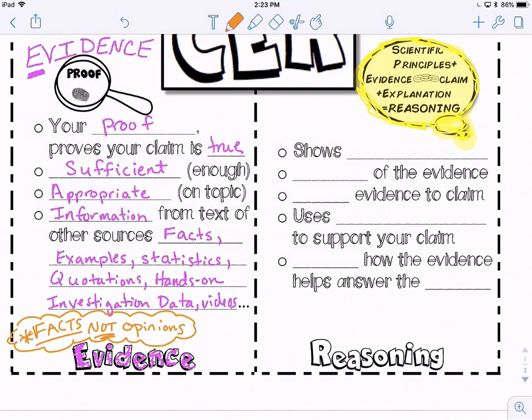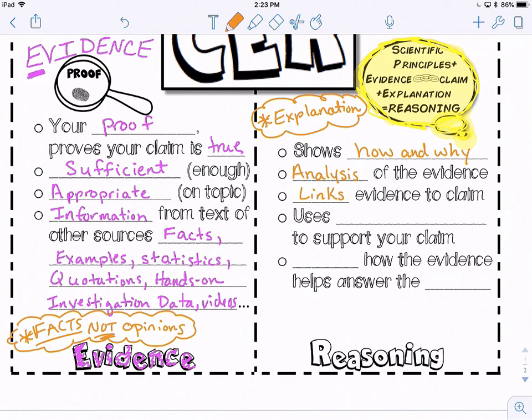So the reasoning is essentially an explanation. It is an explanation that shows how and why. It has to be an analysis of the evidence. It has to link the evidence to the claim.